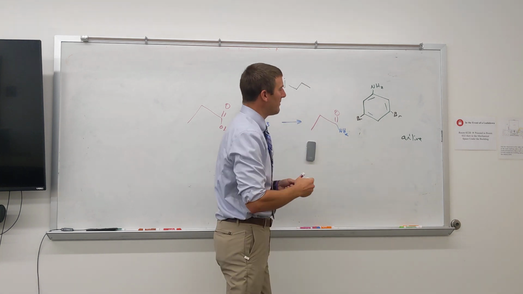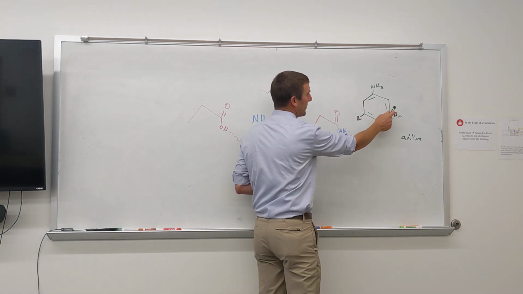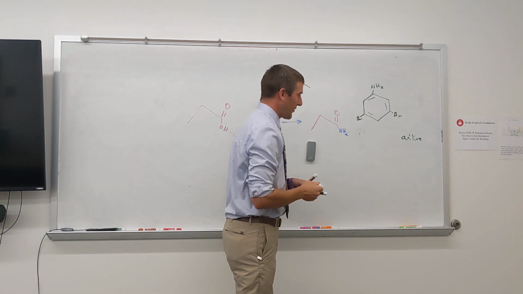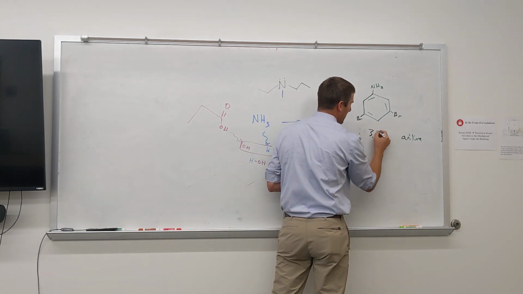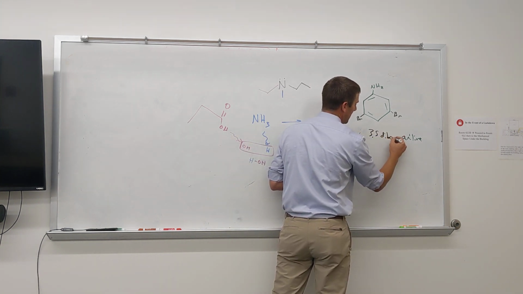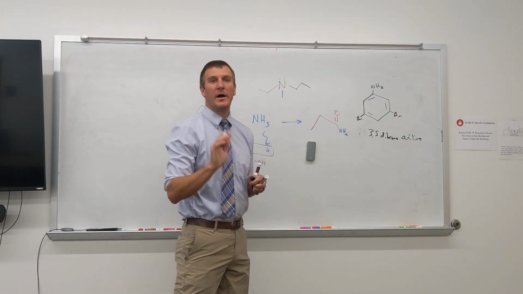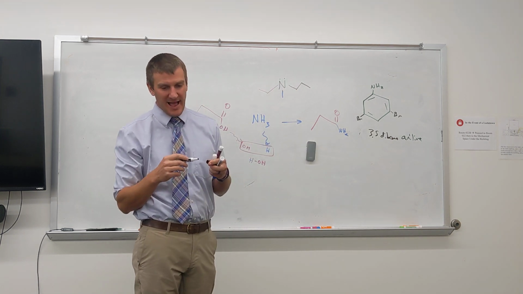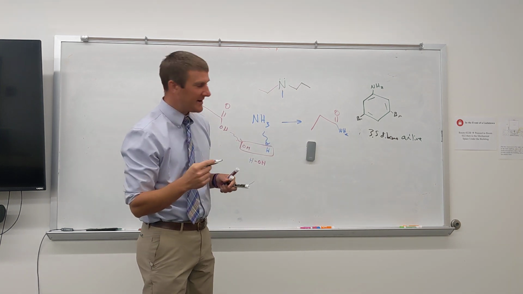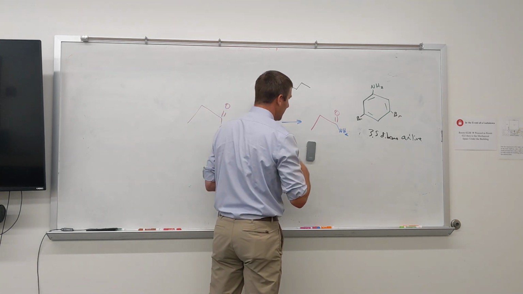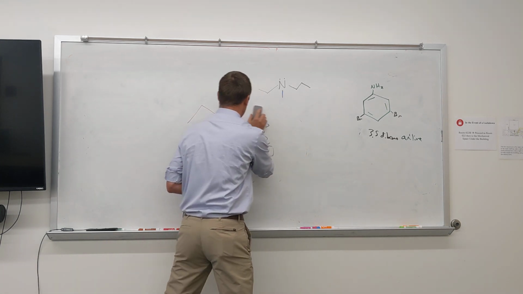And if I have 2 bromos, this would be the 1 carbon, then 3, 5. Dibromoaniline.